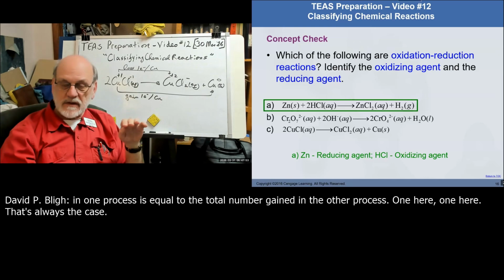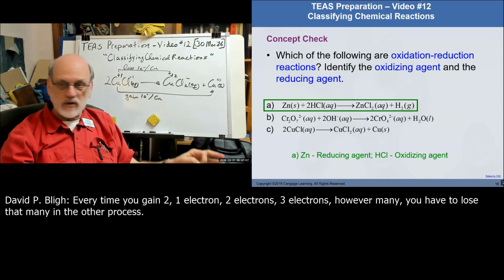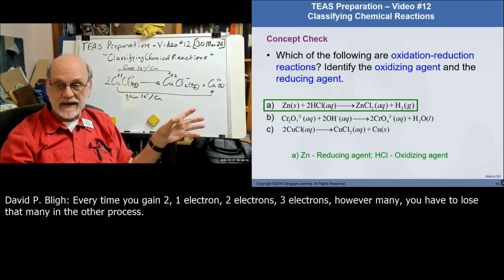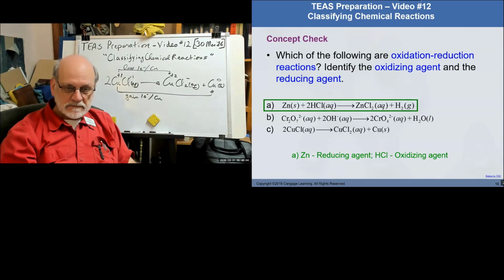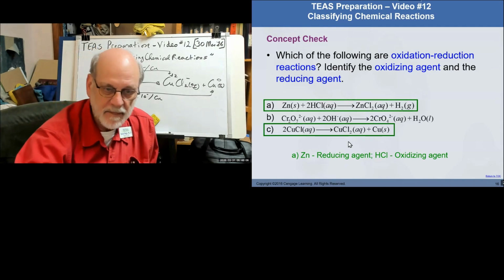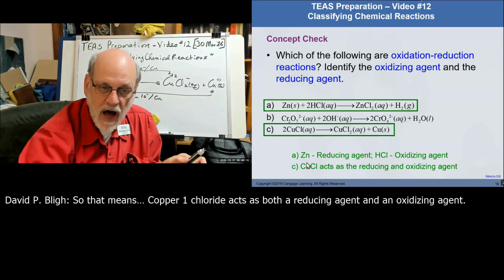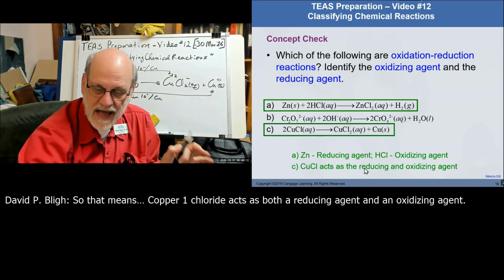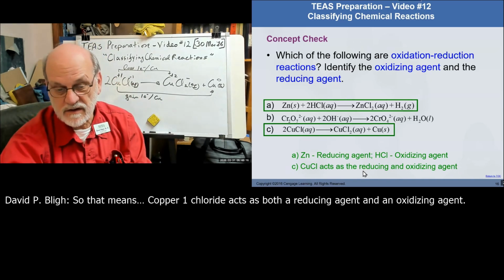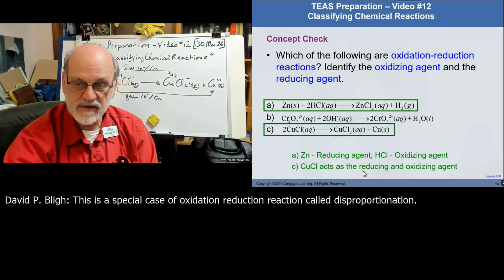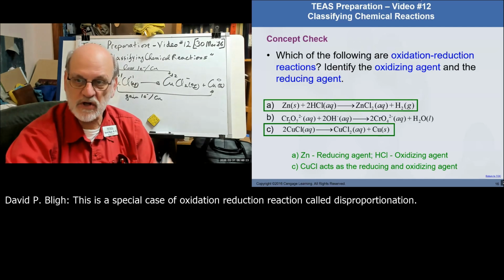That's always the case. Every time you gain 1 electron, 2 electrons, 3 electrons, however many, you have to lose that many in the other process. So that means copper 1 chloride acts as both a reducing agent and an oxidizing agent. This is a special case of oxidation reduction reaction called disproportionation.